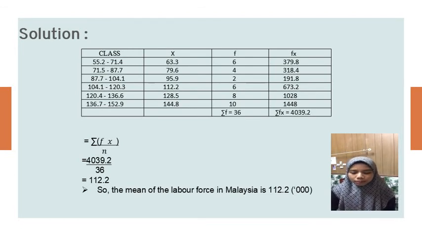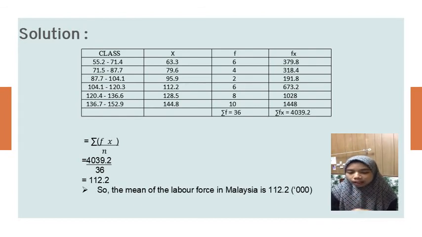To find the mean price, you must divide the sum of the prices by the number of prices in the sample. So based on the sample provided in the slide before, you must sum and find the fx. So the sum of fx is 4039.2.